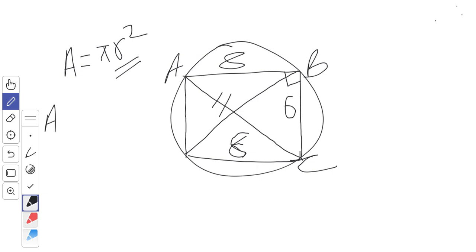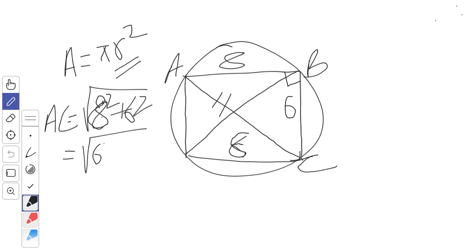Now AC is equal to, by Pythagoras theorem, the square root of 8 square plus 6 square, base square plus the adjacent square, that is root of 64 plus 36.